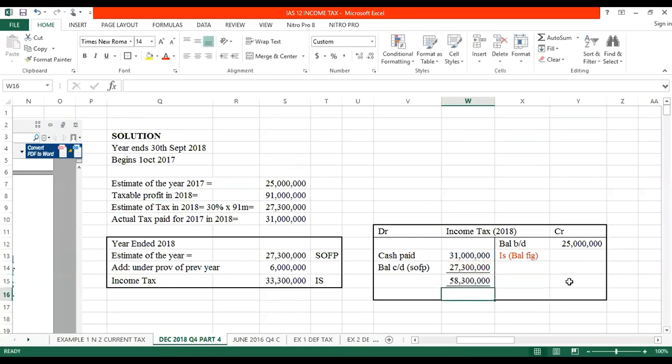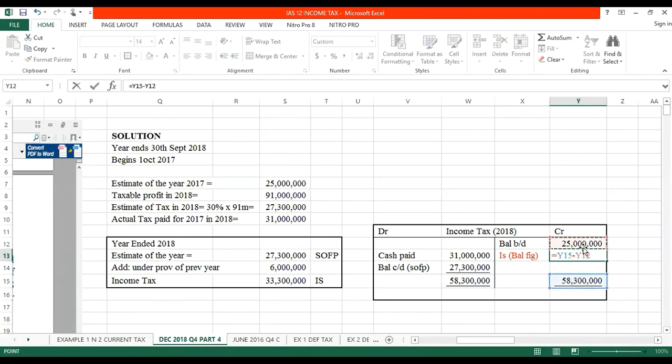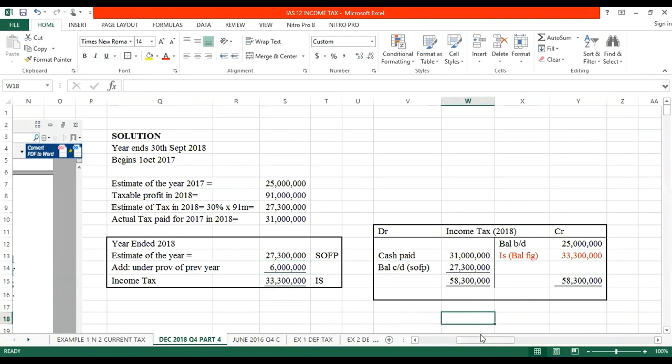It gives you 58. This 58 is what comes on the other side. And then you get the balancing figure. What is the balancing figure? 58 minus 25. What does it give you? 33. Is it the same as this? Yes, it is the same. So whichever method you choose in exams, you should know how to calculate based on that.